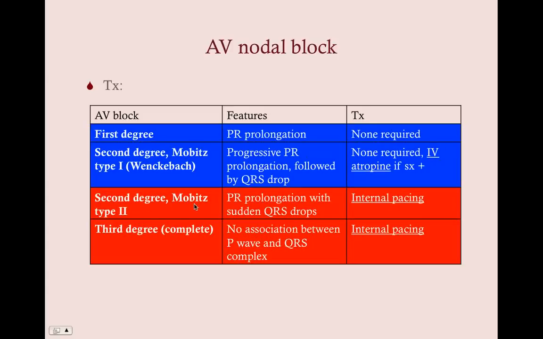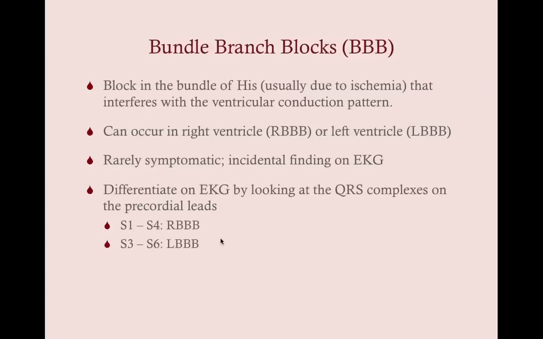So second degree type 2, with random QRS drops, they need internal pacing. And the same thing with the third degree AV nodal blocks, where there's no association between the P wave and the QRS complex. They will also need internal pacing.